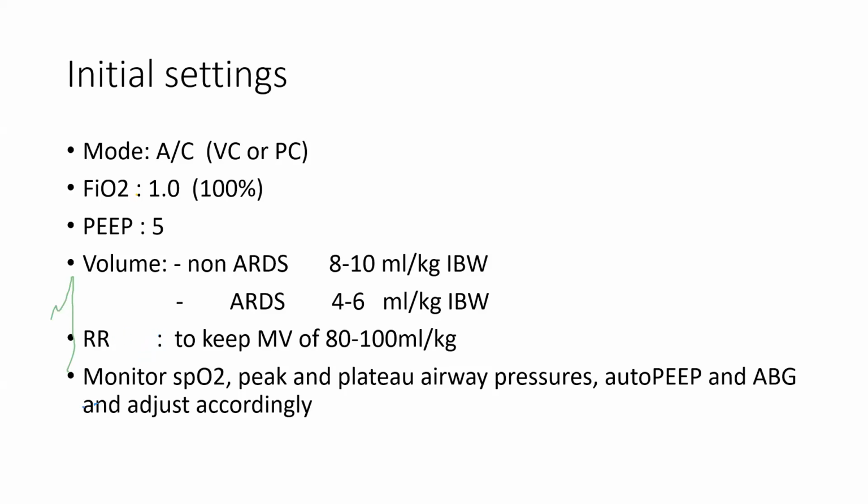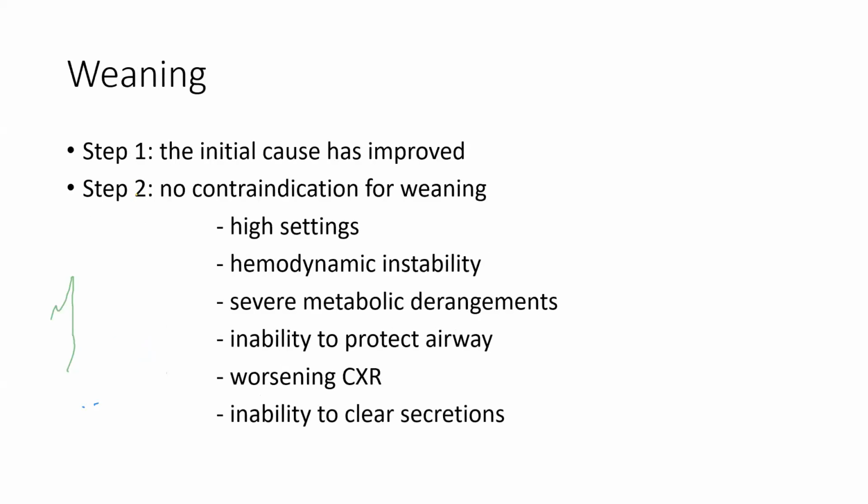What do you monitor? Obviously, the saturation, the pressures on the ventilator, the development of something called auto-PEEP. Most importantly, the patient clinically, and eventually the ABG. And then you adjust according to the findings you see. These are the initial settings.